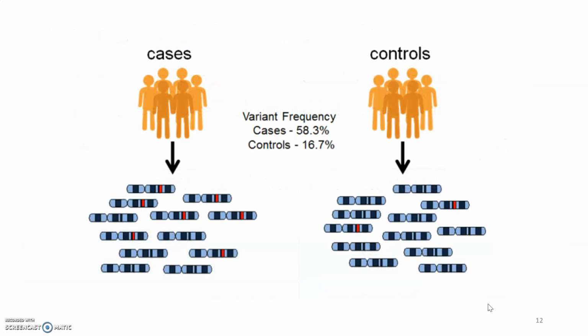But basically, what we're looking for is the increased prevalence of a particular version of one of those tag SNPs in a large population of cases versus controls. This tells us that the causative mutation may have been inherited along with that particular tag SNP. Remember, because of that concept of linkage disequilibrium, it's tagging along and being inherited along with that particular single nucleotide variant.